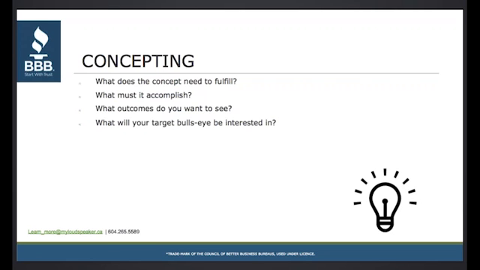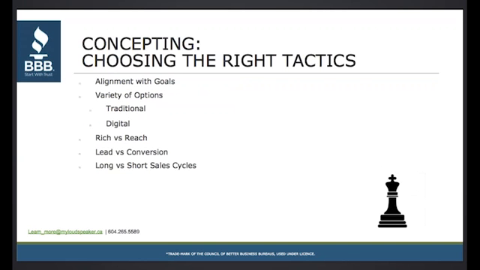What outcomes do you want to see? What will your target bullseye be interested in? So once you measure that, you'll become very clear that even though you may love a concept, it might not be the most effective in actually achieving what you want to achieve at the end of the day. So really, really being clear on that will help you ensure that whatever your campaign is will ultimately help you achieve the measurement that you want to achieve, which kind of dives into the next section.